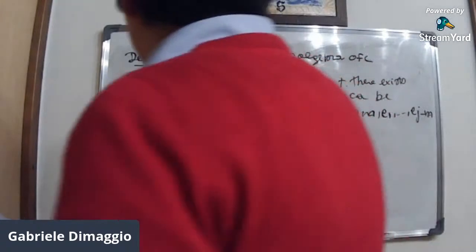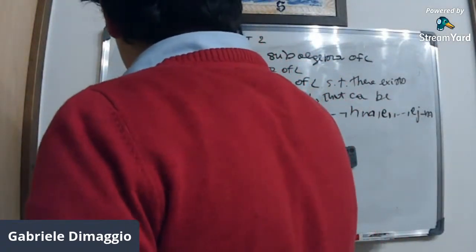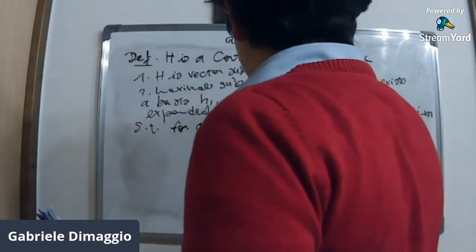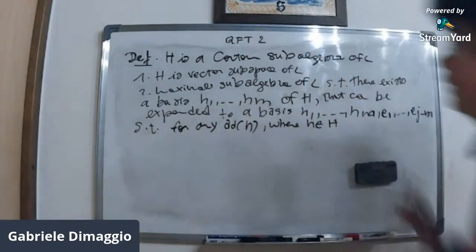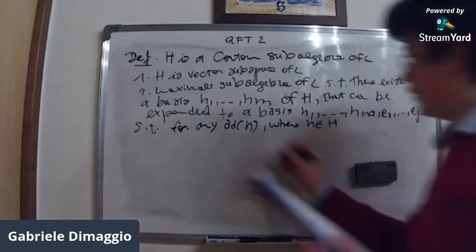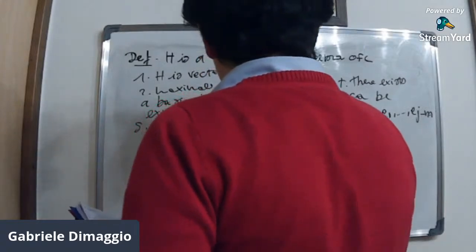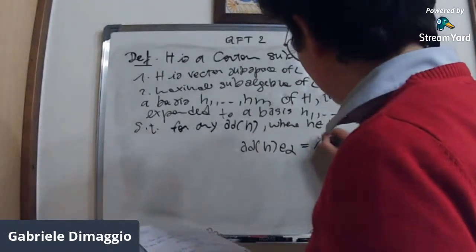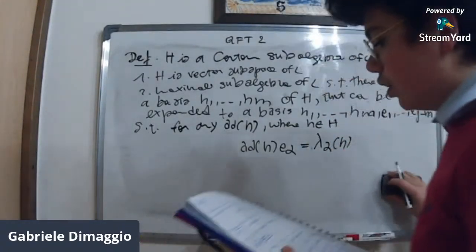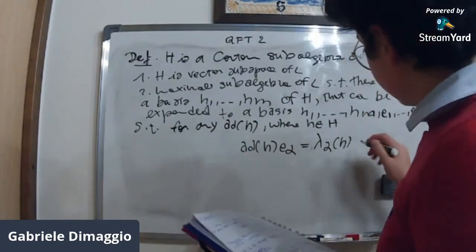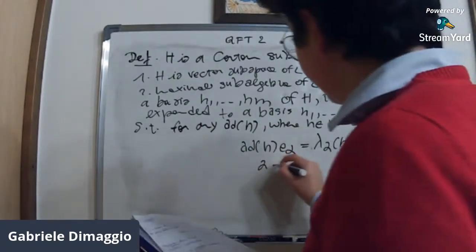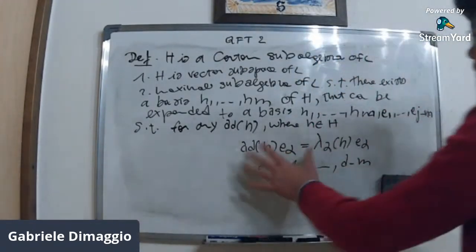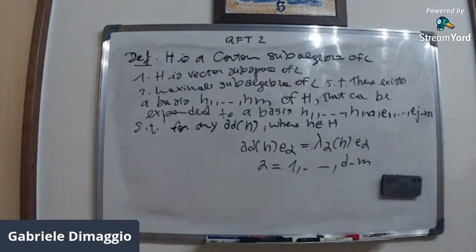For any adjoint map of H, where H is in the Cartan subalgebra, I have that the adjoint map of H over E alpha is equal to lambda alpha of H, attention, E alpha, with alpha equal to 1 until t minus m. And this is the definition, attention.